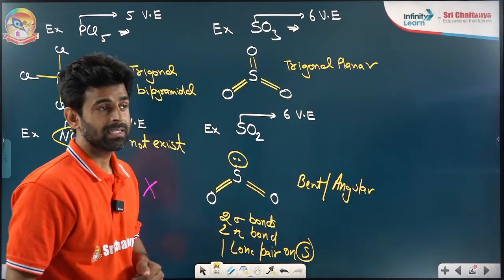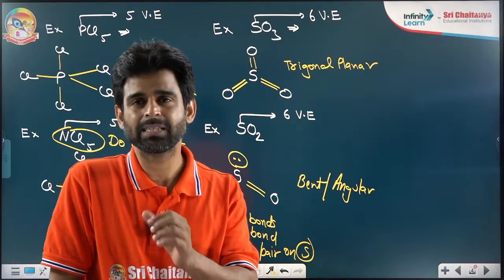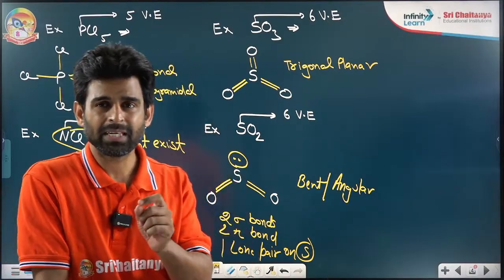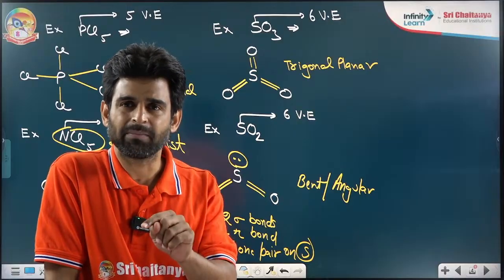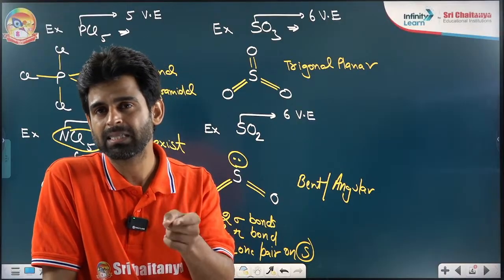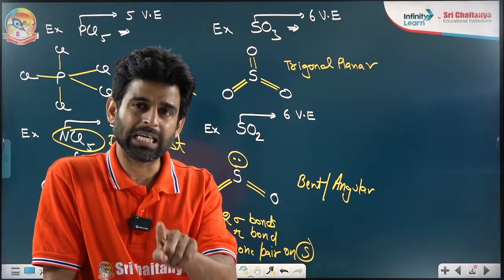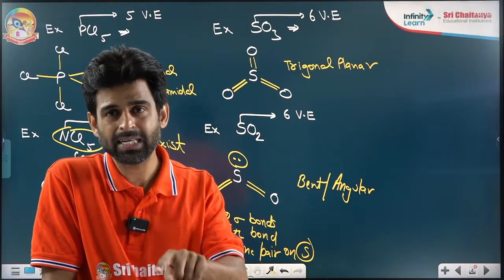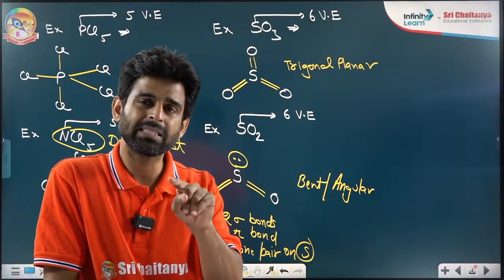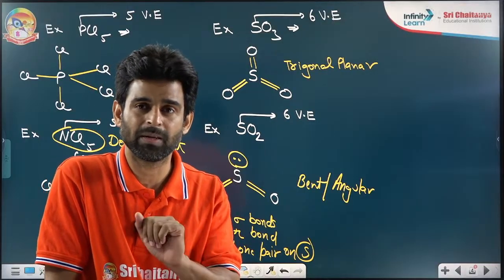There are 2 different things, listen to me. First, in deciding the shape or structure, sigma bonds as well as lone pairs are responsible. Pi bonds are not responsible.